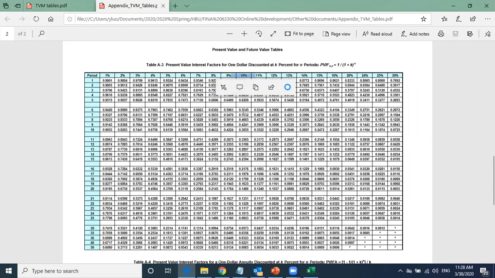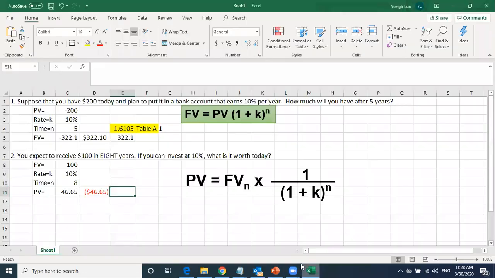We go all the way down to 8 years, so you have 8 years, all the way to 10%. You can see the number here, 0.4665. Where did you get this number?